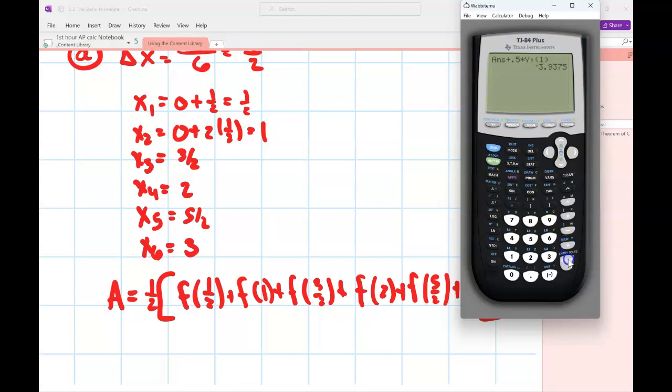Then we'll just do second enter. There we go. 1.5. Second enter. 2. Second enter. 2.5.